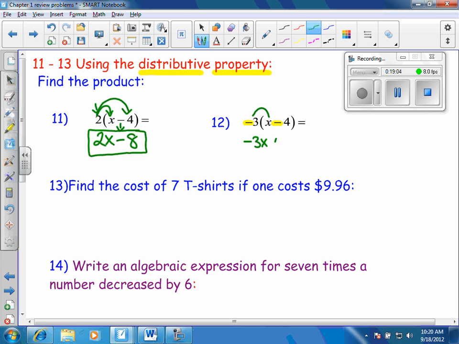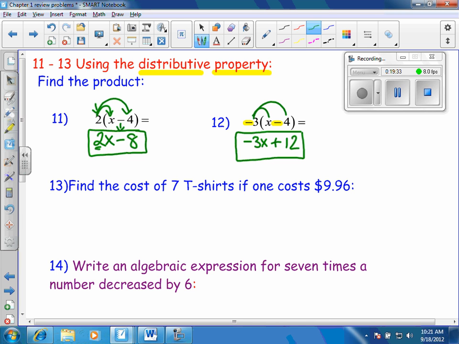So it becomes a plus, and then you do 3 times 4, which is what, Natalie? 12. Question? You're going to need to get into the habit of putting the constant, the number part, before the variable part.